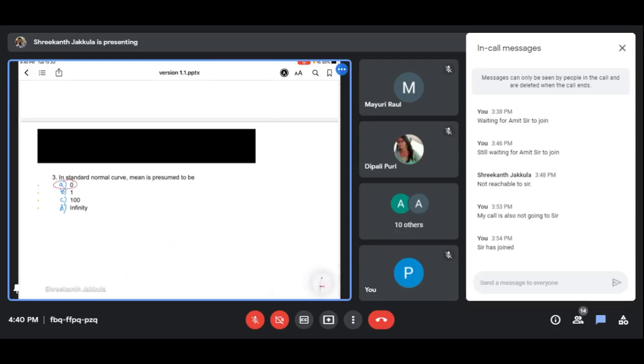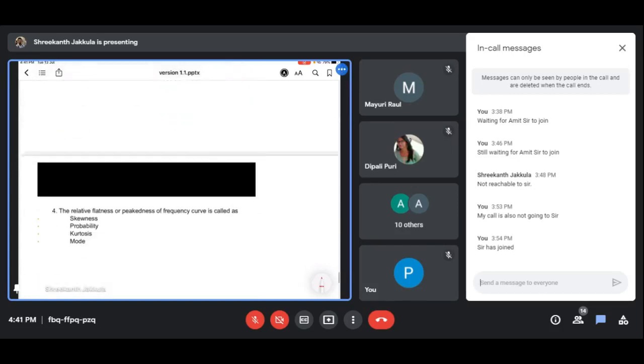So in the normal distribution curve, mean is always 0, area under the curve is 1, and standard deviation is 1. And there is one word called kurtosis, that is 3. I will tell you what 3 means in kurtosis.